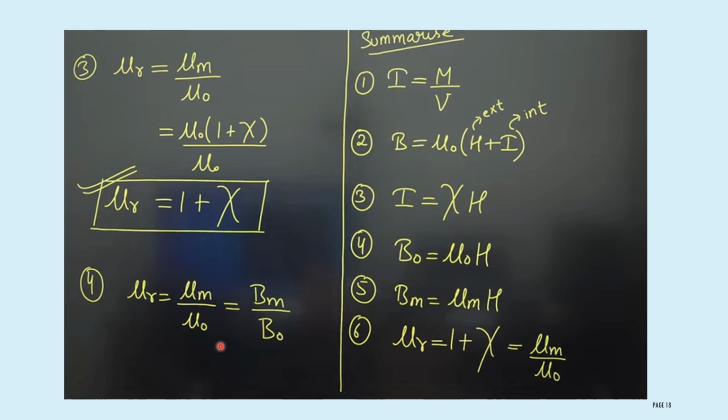This is another form. You know mu m is equal to Bm divided by H, and mu naught is equal to B naught divided by H. H gets cancelled, and you will get Bm divided by B naught. These are the few formulas we have studied.